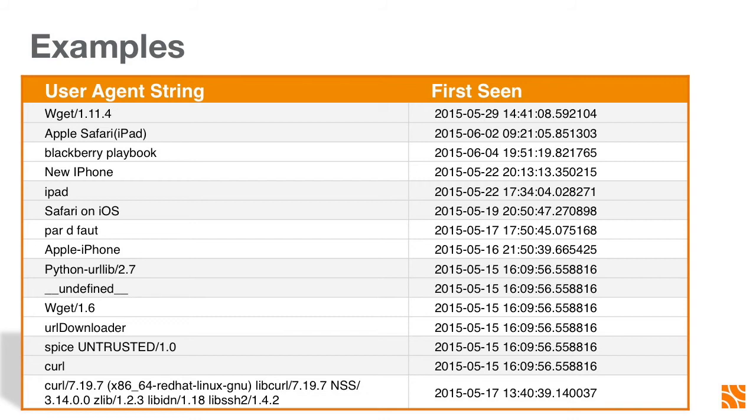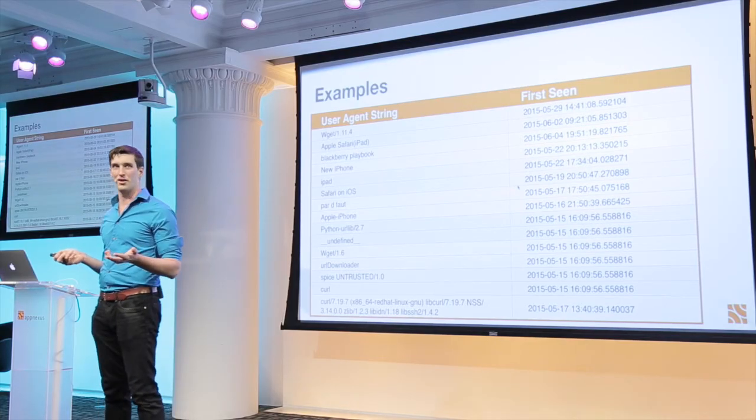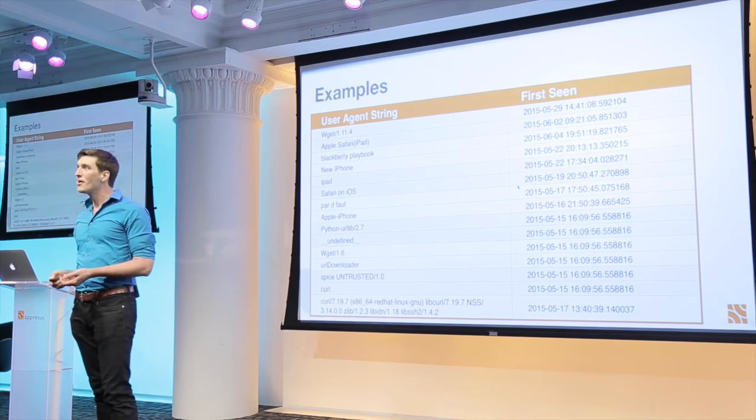There's also someone who got a new iPhone, apparently. There's another Apple iPhone. There's a Python urllib in there for those who know Python. A couple undefined, Spice, untrusted, whatever that is. And we see another one called curl, which is another utility for downloading web pages. There's a lot of really interesting stuff in here, and these are examples of user agents that are probably suspicious.